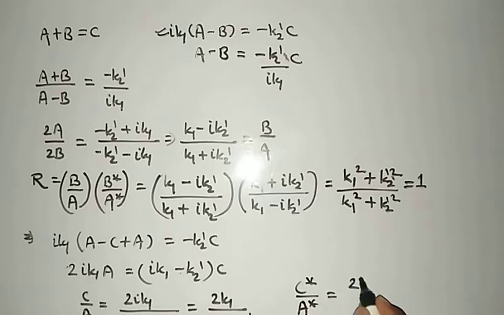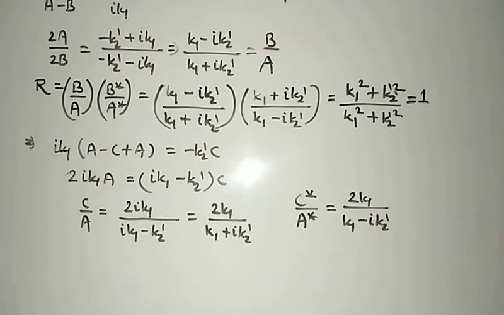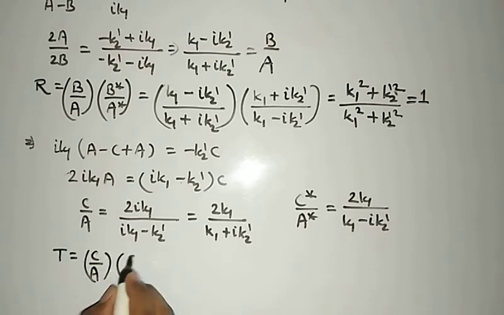This will be 2k1 upon k1 minus i k2 dash, because for transmission, that is the quantum mechanical transmission coefficient, we will write T is equal to C by A times C star by A star.